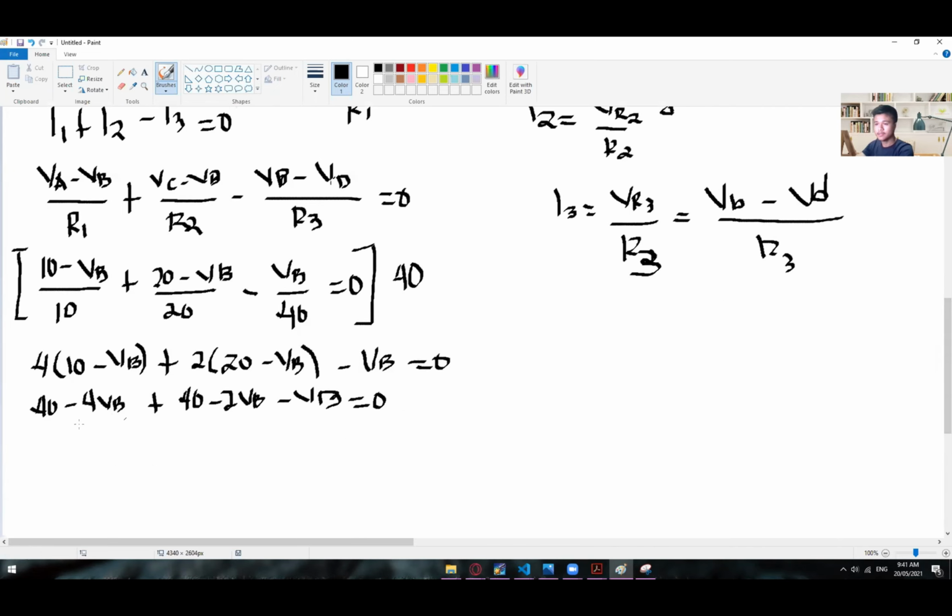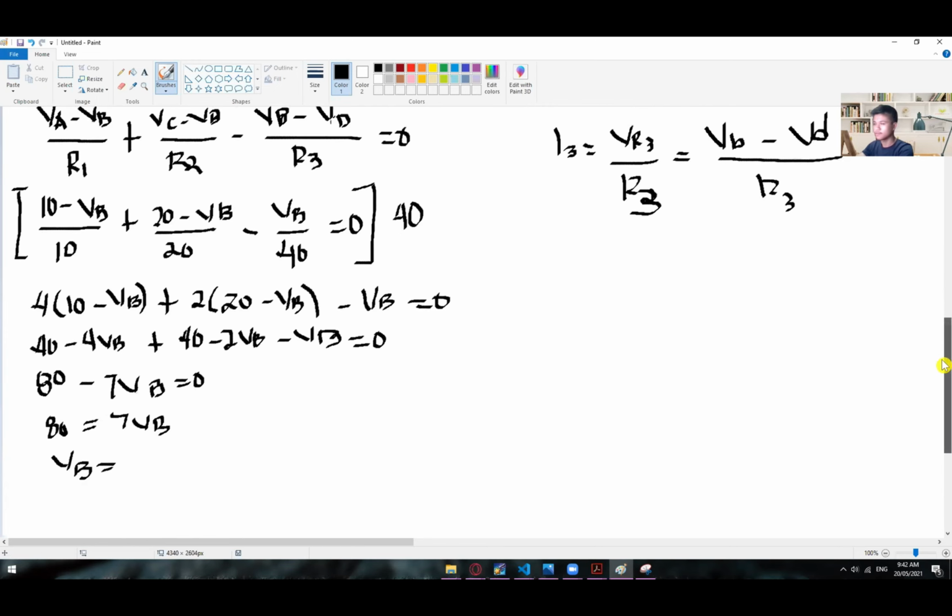Now you can add similar terms. 40 and 40 are both positive, so that gives us 80, and then minus 4VB, minus 2VB, and minus 1VB gives us negative 7VB is equal to 0. Then you can transpose this to the other side, 7VB, and now solve for the value of VB.